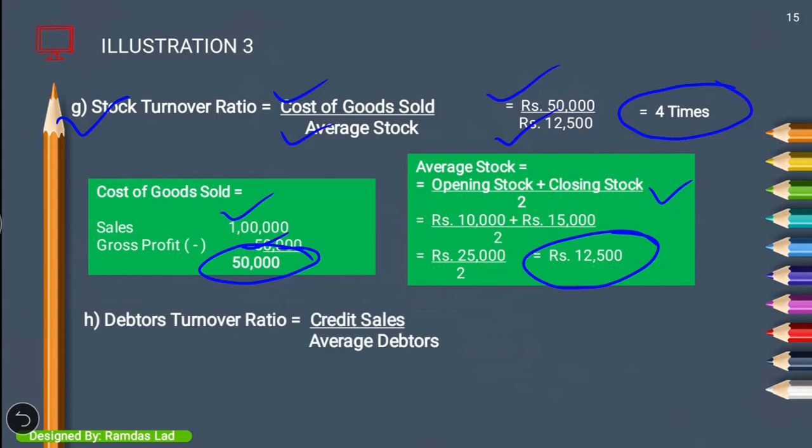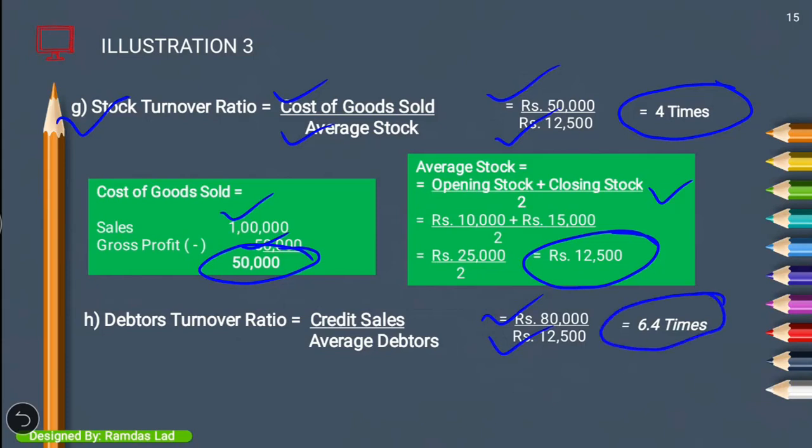Now debtors turnover ratio: credit sales divided by average debtors. This information is given in the additional information in the example, please check. Credit sales is rupees 80,000, average debtors 12,500, so it will be 6.4 times.